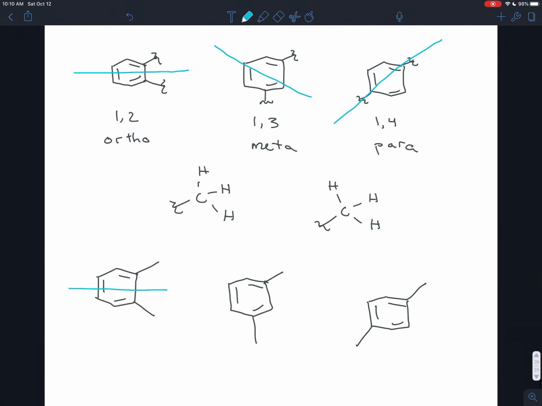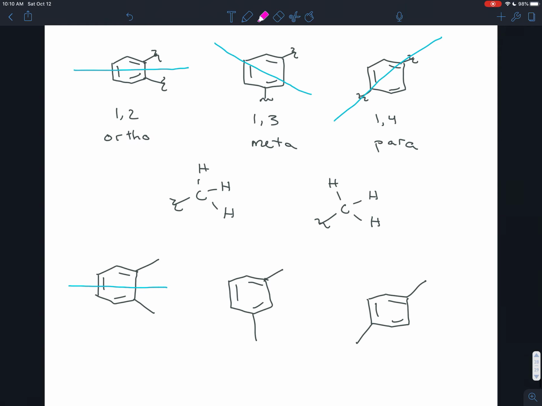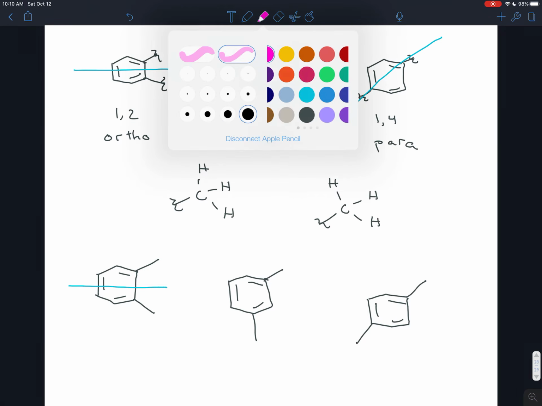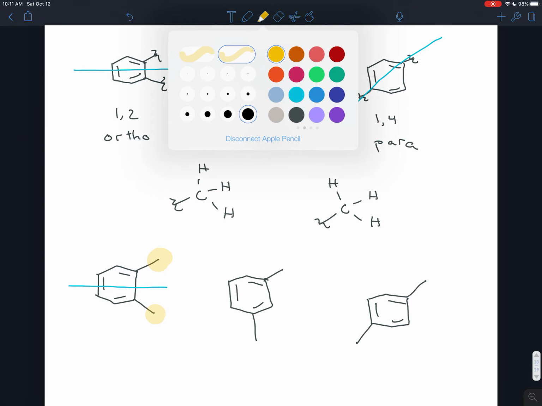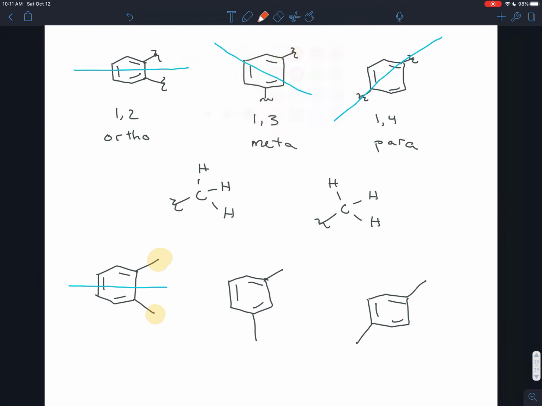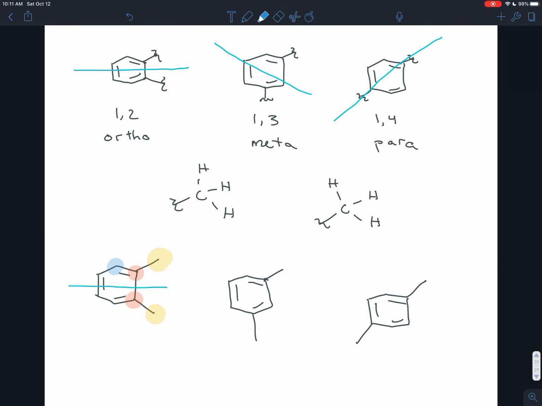Okay, I'm going to draw in the lines of symmetry. Go through these one at a time. If it's ortho, how many carbons do we have in different electronic environments? Well, we have the methyl group carbon. Those 2 are in the same electronic environment. We have the carbon they're attached to on the benzene ring. Those are both in the same electronic environment.